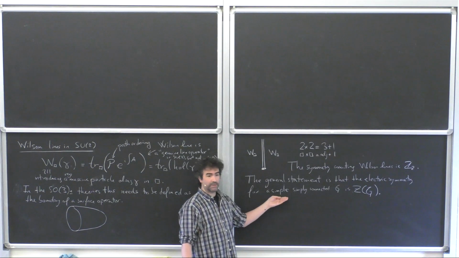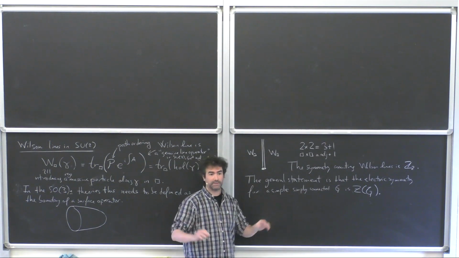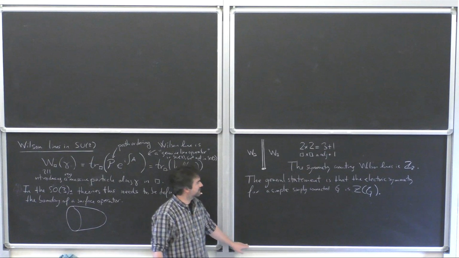We have done U1s already, and if you have multiple factors, just multiply the centers. Okay? So generalizing this is not difficult.